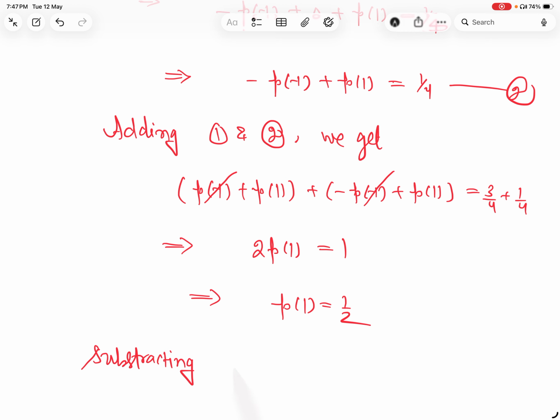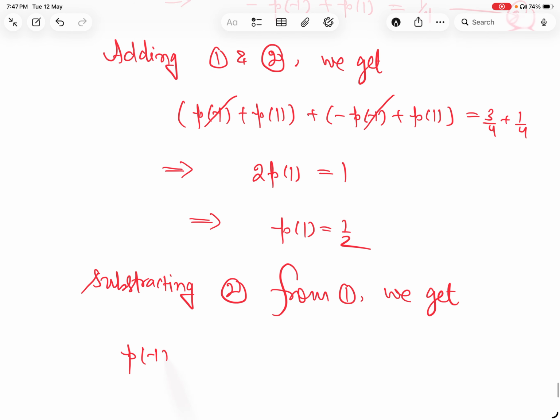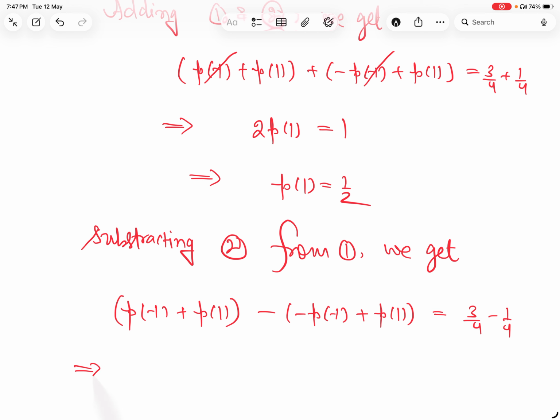Subtracting 2 from 1, what do we get? P minus 1 plus p1 minus, minus p minus 1 plus p1 is equal to 3 by 4 minus 1 by 4. So what will it be? P minus 1 plus p1 plus p minus 1 minus p1 is 2 p minus 1, equal to 2 by 4.